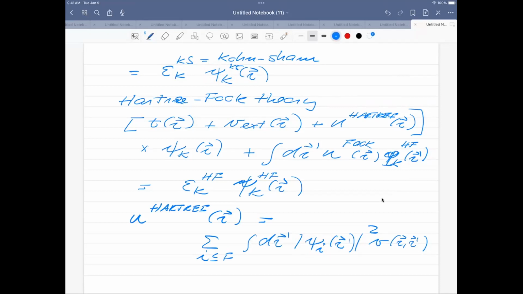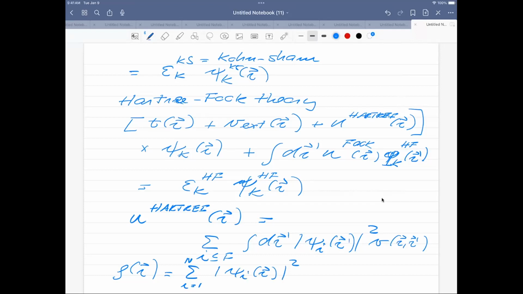So if you look at this specific term here, we can actually rewrite that one if we now use, and this is one of the exercises next week, that if I have a Hartree-Fock Slater determinant, you can then show that the density matrix, or the charge density, is given by i equal 1 up to the number of particles, which is the same as summing up all the states below the Fermi level.